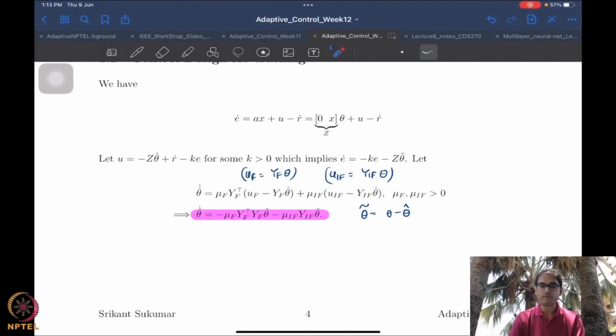Typical certainty equivalence adaptive control does not contain any theta tilde term. Of course, there is a theta hat term in sigma and epsilon modified adaptive controls, but you know that those have deteriorated performance even in absence of disturbances. All right. So this is rather nice.